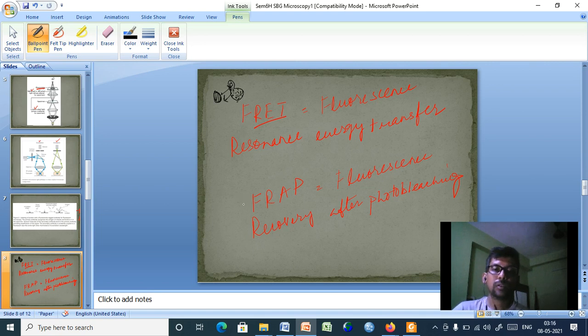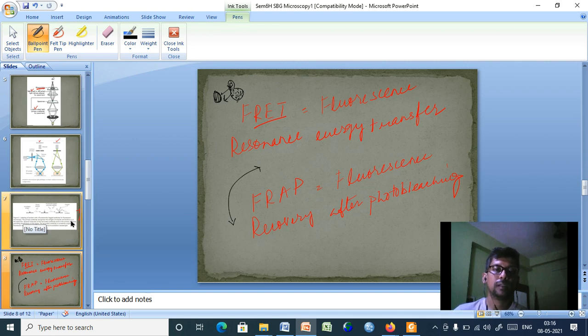And the second one, fluorescence recovery after photobleaching. By this technique, we can easily determine the lateral movement of any molecule.